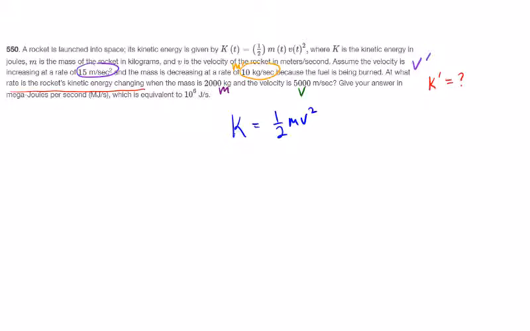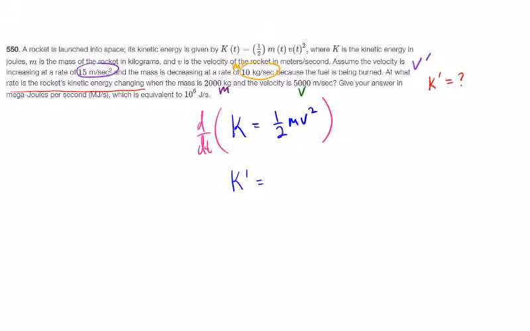Let's start by taking the derivative of this function with respect to t. So we'll do d/dt, and we end up with K prime equals 1/2, and we'll do the product rule here again, as in 449. We'll take this as the f function and this as the g function.